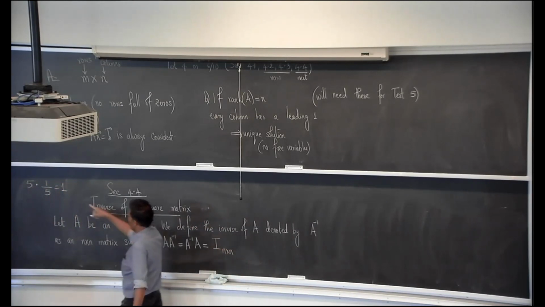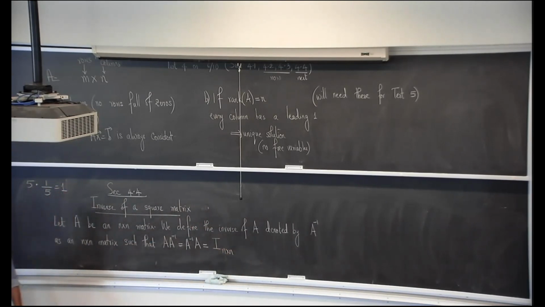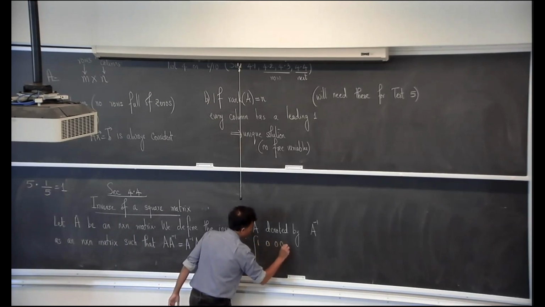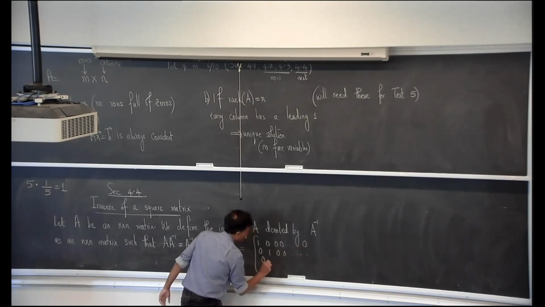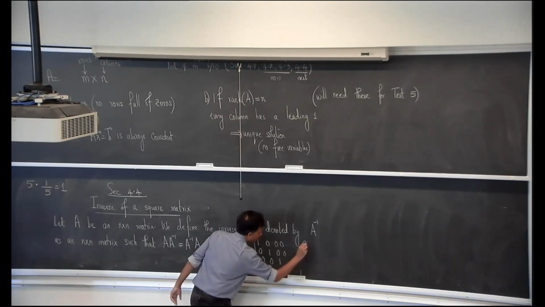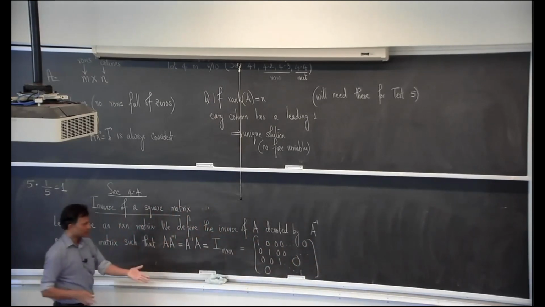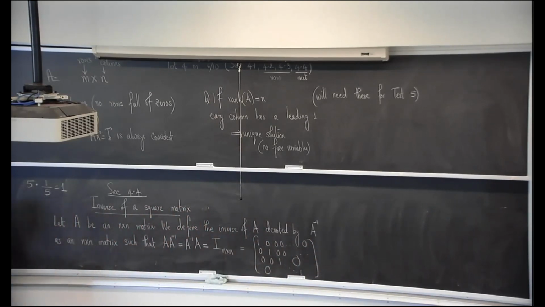That is the equivalent of 1 in the world of matrices, the matrix with 1s along the main diagonal and 0s elsewhere. So it's a diagonal matrix with ones along the main diagonal and zeros elsewhere. It's also in RREF form.